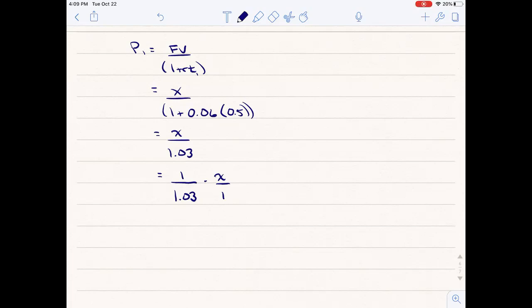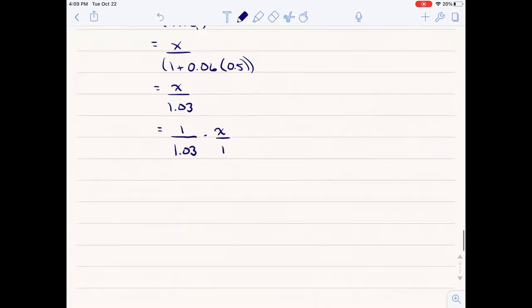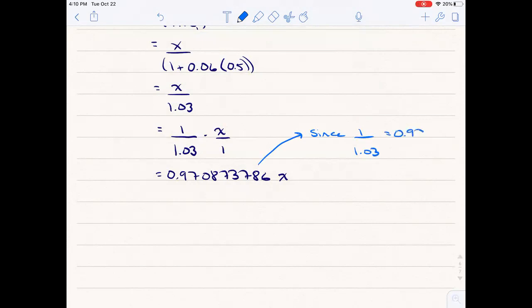So I can pull that X outside and deal with the 1 over 1.03. 1 divided by 1.03, I can replace that with 0.970873786, and then I multiply that by X. Since 1 over 1.03 is 0.970873786.